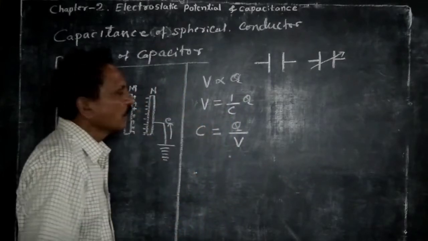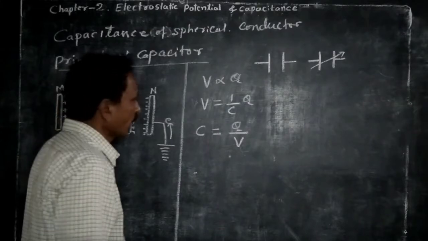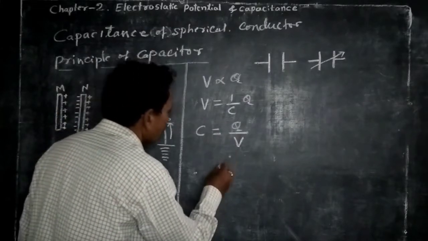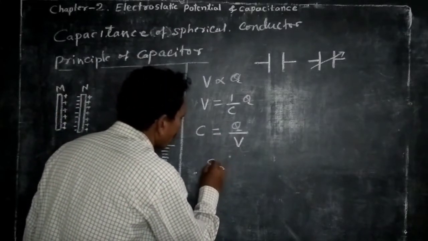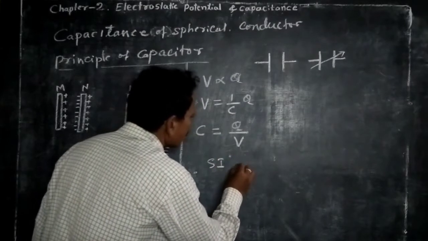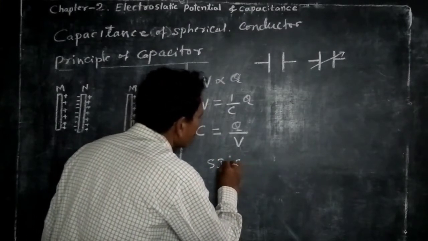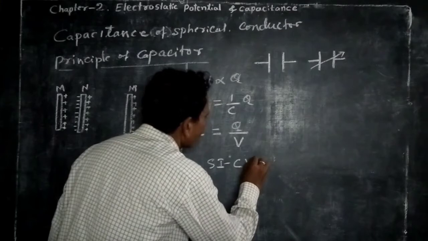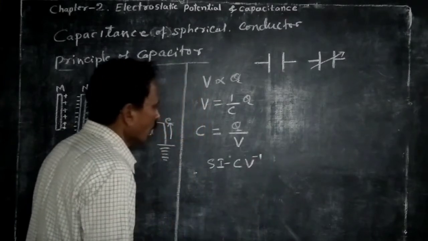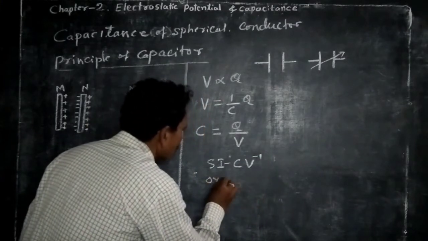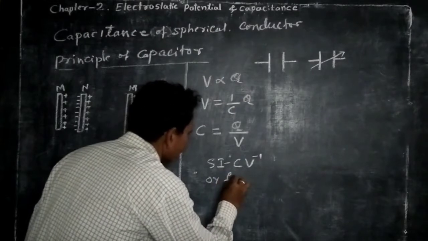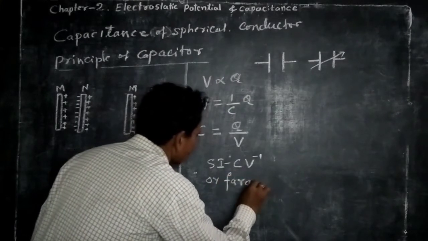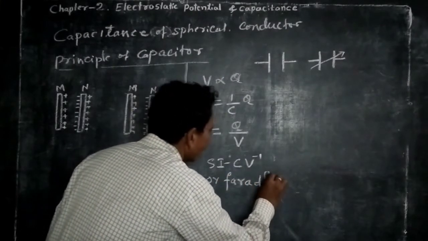The SI unit of capacitance is coulomb per volt or farad, denoted by F.